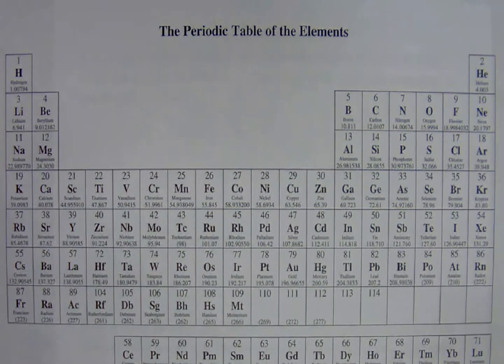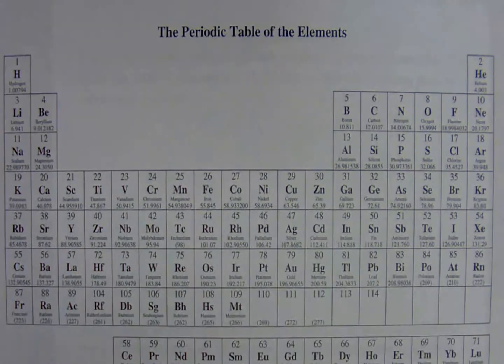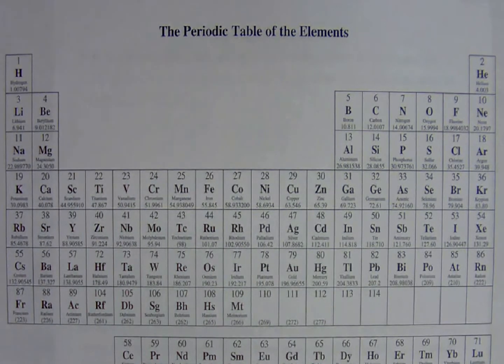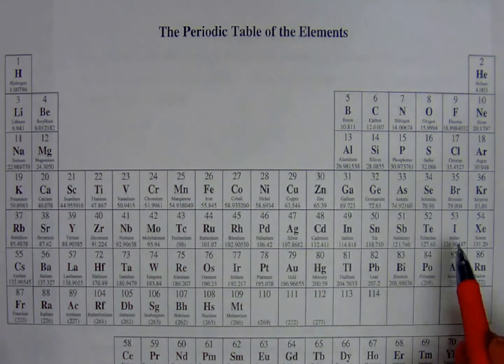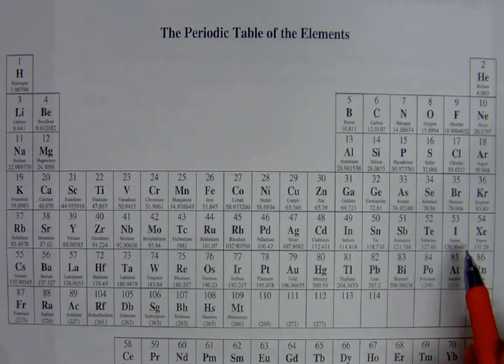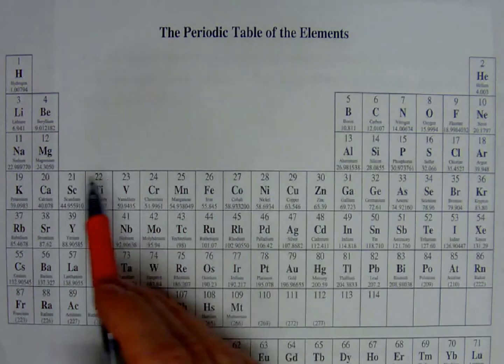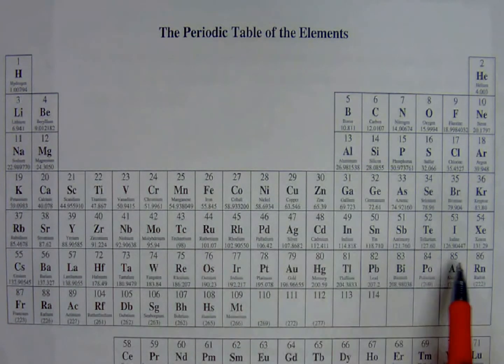Trying to do this just off the top of your head doesn't typically work out, especially when you're starting out. So here is my iodine. It means that I have to go through all of these 52 prior elements before I get to iodine, and I have to represent every single one of these 53 electrons.